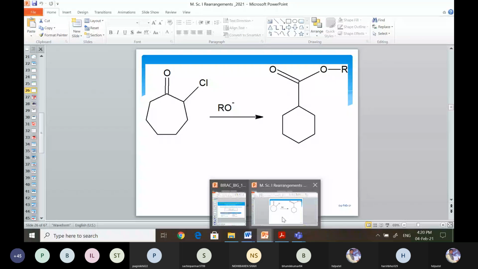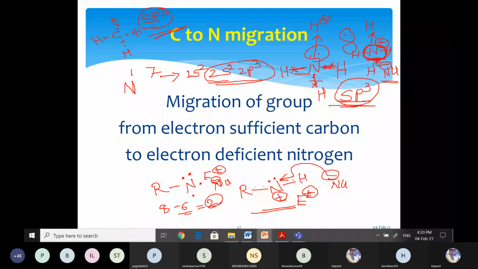With this, I think we have discussed the C2N migration, and in it we discussed the reaction possible by nitrene. Means if you are having nitrogen, then nitrogen has different types of formats.